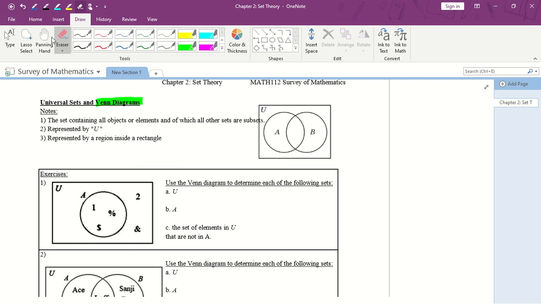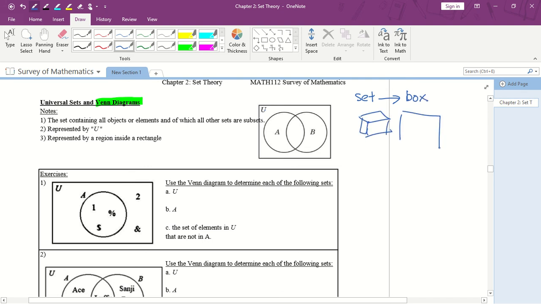And let me just clarify a few things here. A set you can imagine as a box. So before, I drew this box, and there is also another box that we should draw in a Venn diagram, which is a rectangle and also a circle, just like this one.